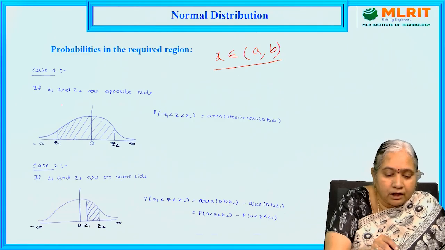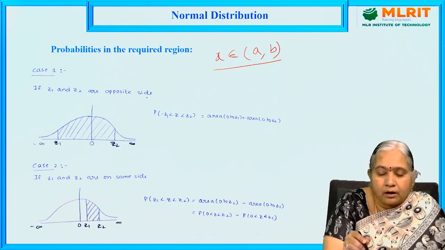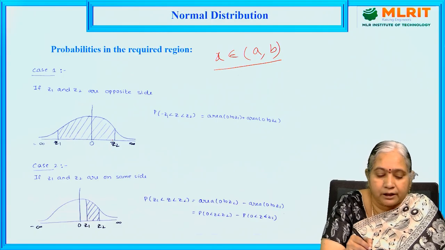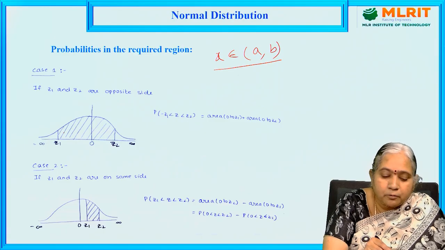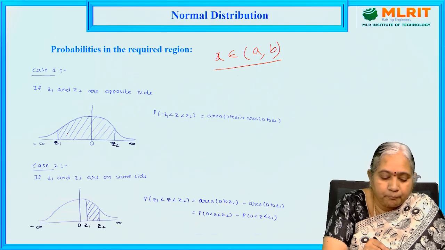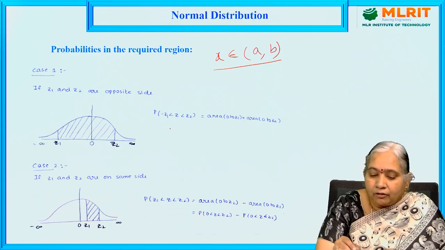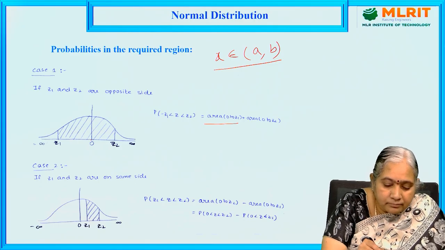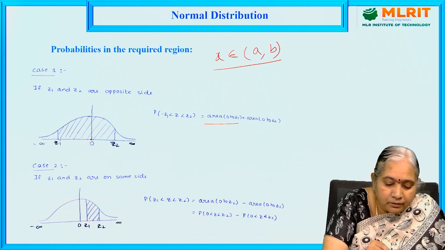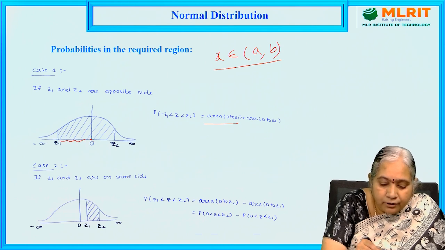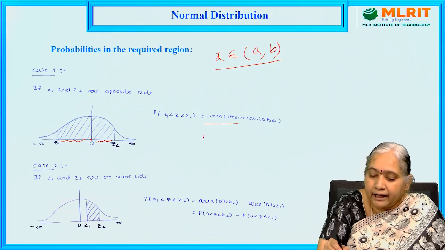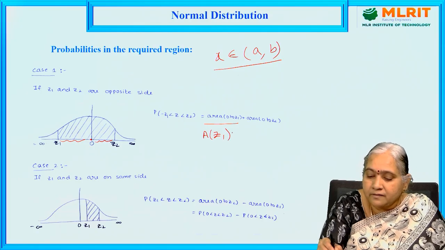So case 1, if Z1 and Z2 are on opposite sides, that means Z1 is less than 0 and Z2 is greater than 0. What is the probability of this area? Then we take the area, always from the mean, that is 0 to Z1 and 0 to Z2. So this can be represented as area of Z1 plus area of Z2.